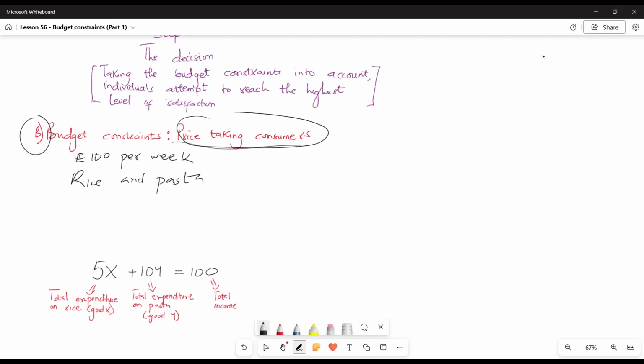She just has to take prices as given. So let's assume that a bowl of rice is £5 and a bowl of pasta is £10. Now, given Ella's income of £100 per week, what are her options?